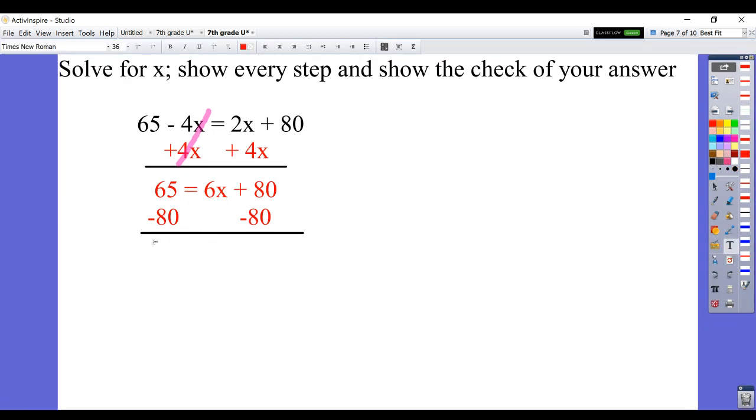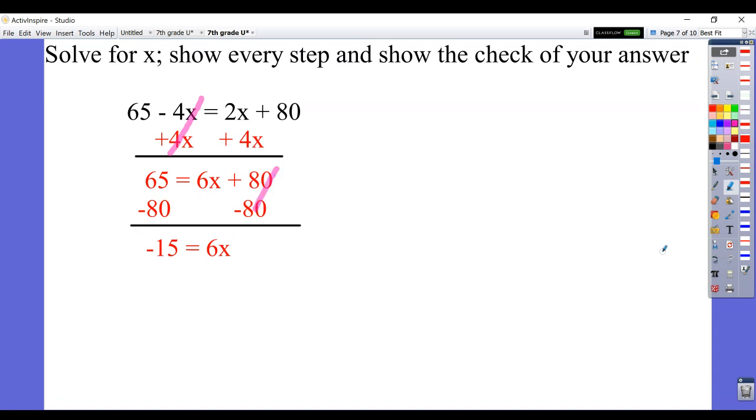All right, so 65 minus 80 is negative 15. And again, this is zeroing out, which was our goal. And then our last step is that we don't want to know what 6x is. We want to know what x is. So we're going to divide both sides by 6. Again, this is creating a giant 1.